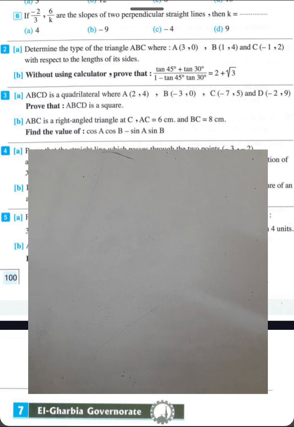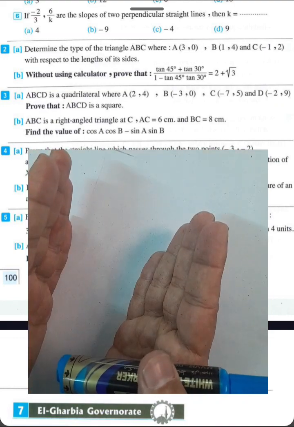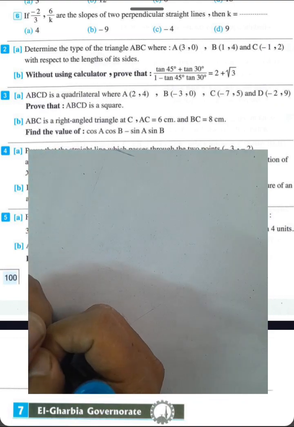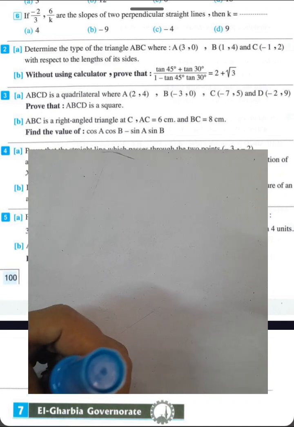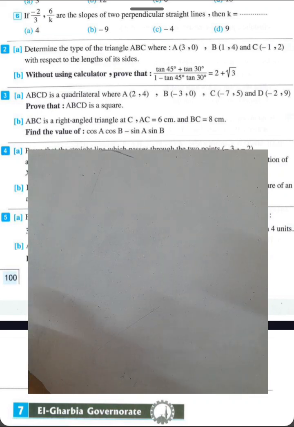Or you can use the slope of AB and the opposite side, which will be equal, and the properties of a square. Opposite sides are equal in length and perpendicular to the adjacent side. And the 2 diagonals are equal in length and perpendicular.